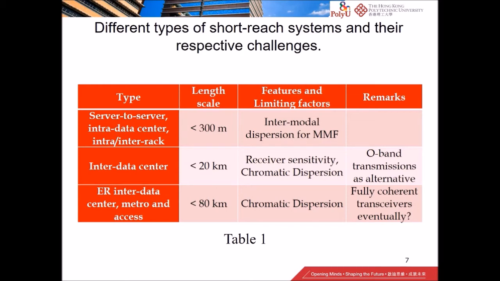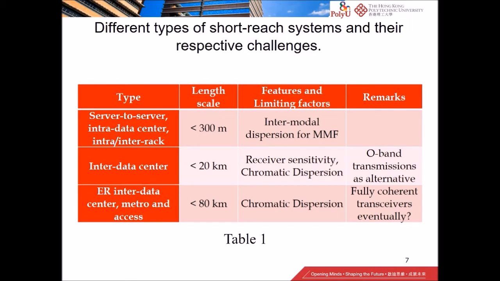We'll just make one remark that for these types of short reach, there are a lot of proposals. One of them includes O-band transmission as an alternative, because for O-band basically there's no CD, so you can potentially bypass this problem.